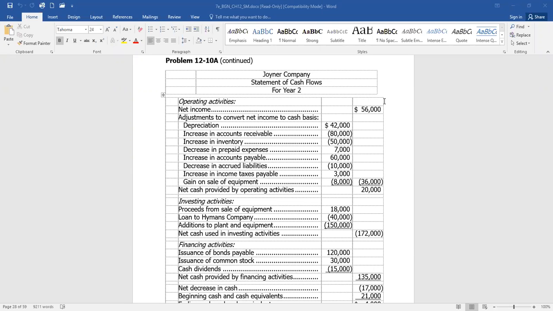Now, the final item, which isn't given, which we have to figure out here, is the additions to plant and equipment. Now, it doesn't say we borrowed any money to buy more plant and equipment, but how did they come up with that? Well, you have to do a calculation. Remember, year one, property, plant, and equipment on the balance sheet is at $400,000.